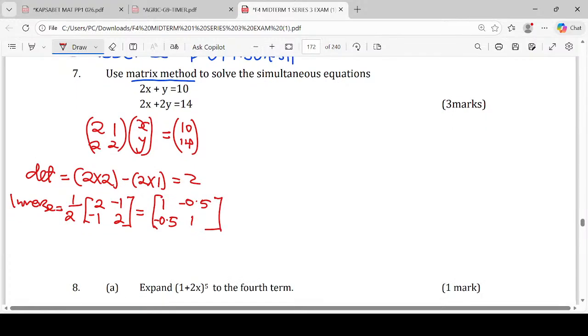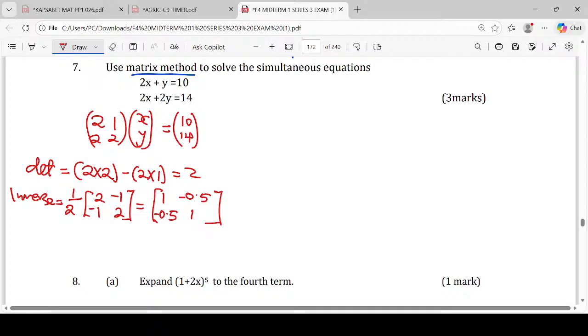After getting the inverse matrix, you are going to pre-multiply the inverse matrix on both sides of the equal sign. To pre-multiply means you start with the inverse matrix first.